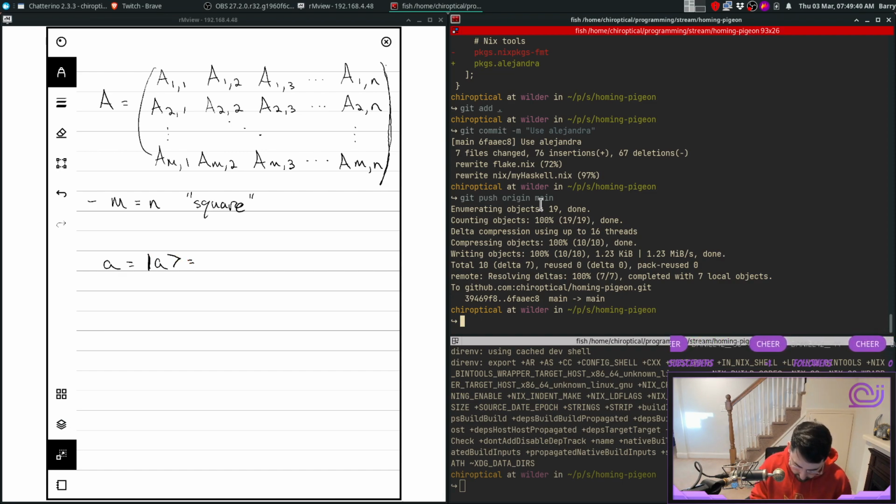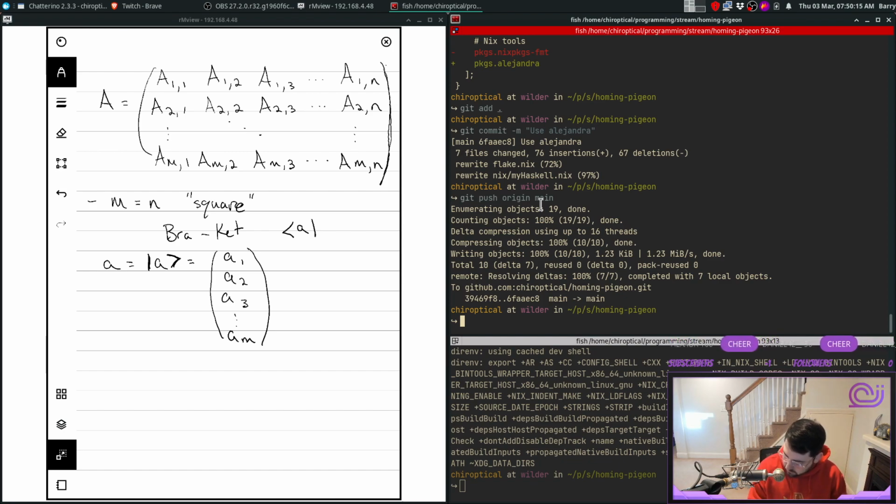This syntax is called ket notation. A bra would look like this, and that means something different, which we'll talk about in a little bit. A vector could be written like 1, 2. We assume that standard vectors are column vectors and written in this equation.